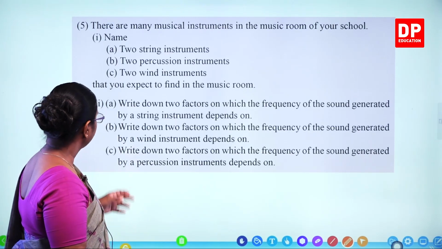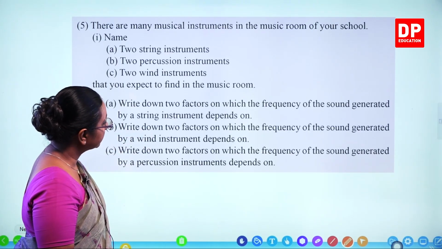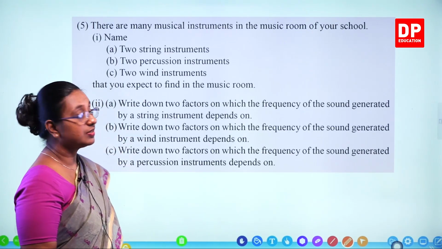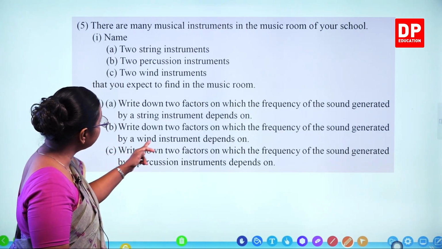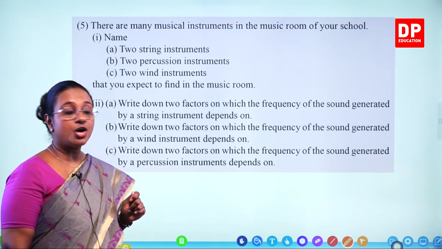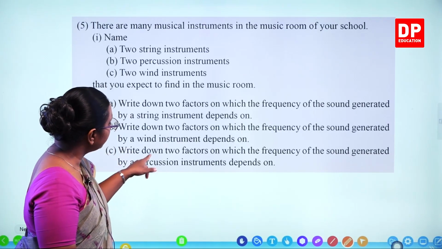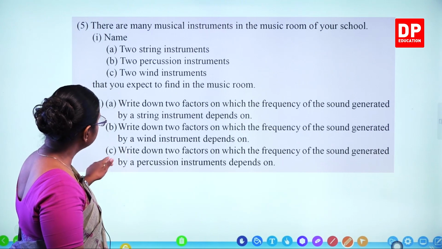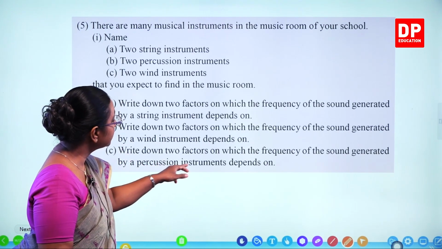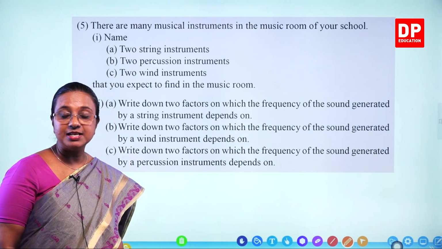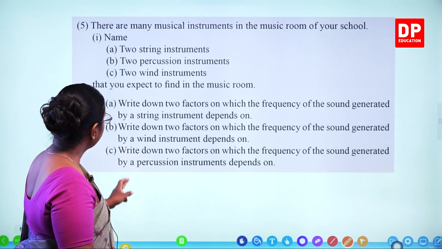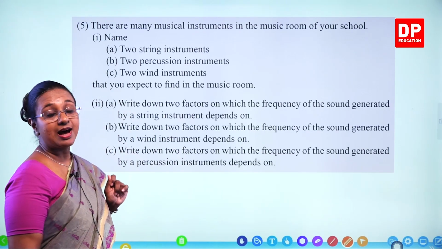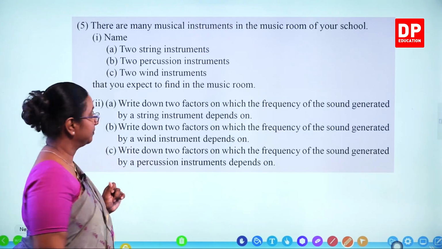Write down 2 factors on which the frequency of the sound generated by a wind instrument depends. Write down 2 factors on which the frequency of the sound generated by a percussion instrument depends. So, there are these questions. We will answer them one by one.